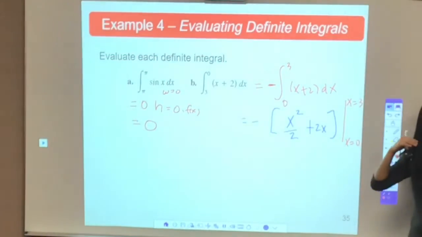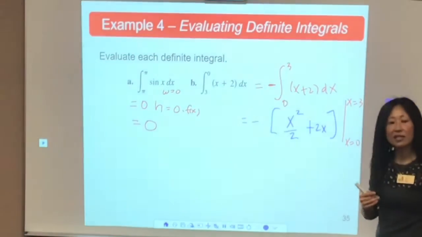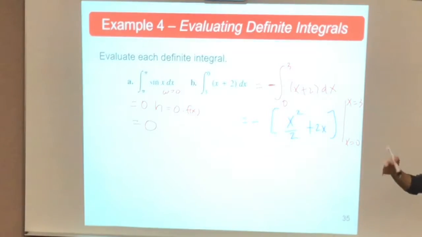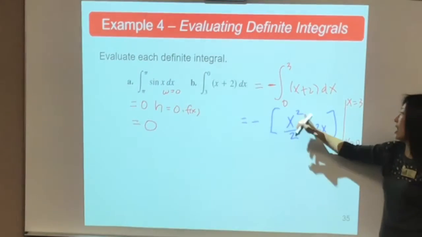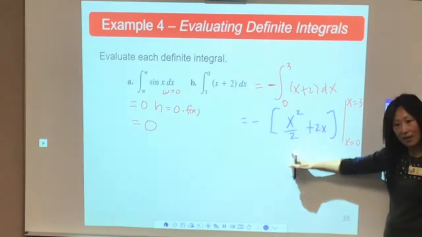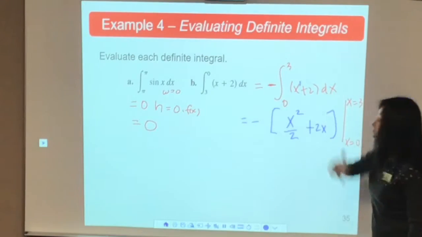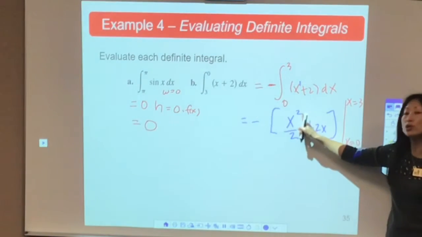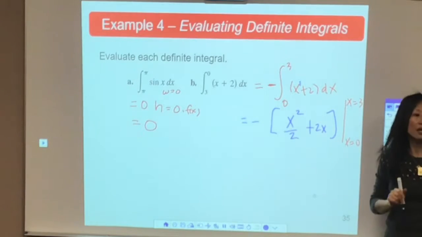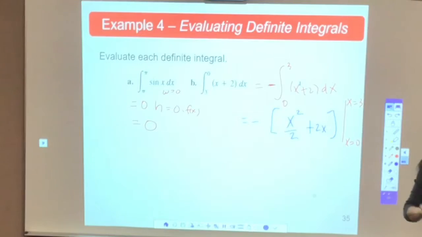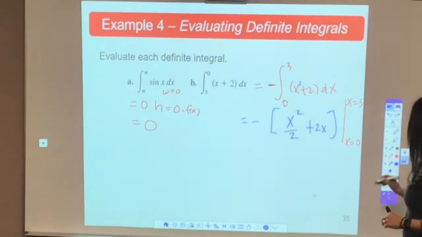Remember, I am adding and dividing because it's an antiderivative. Derivative is what? Subtract 1 and multiply. So I will do the opposite, which means what? I add 1 and then divide by that number. Remember this is to the 1 power, right? 1 plus 1 gives you 2, so divided by 2. Is everybody with me? You've got to practice, class, okay? It's easy, but you still have to practice.